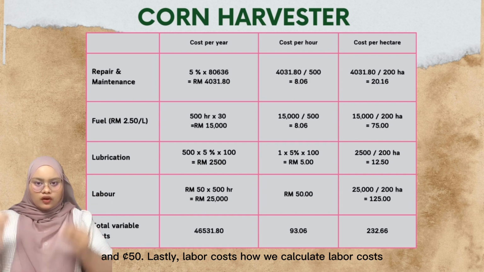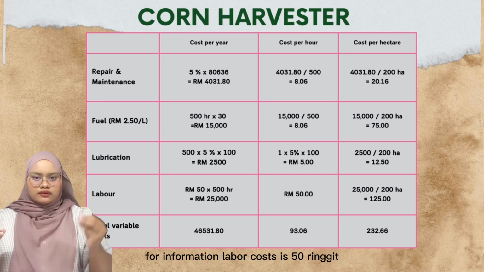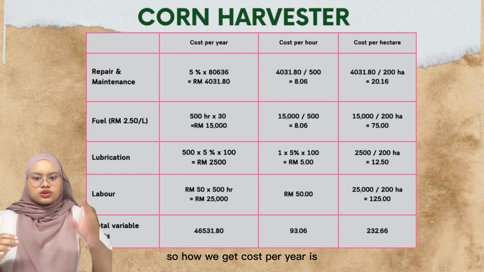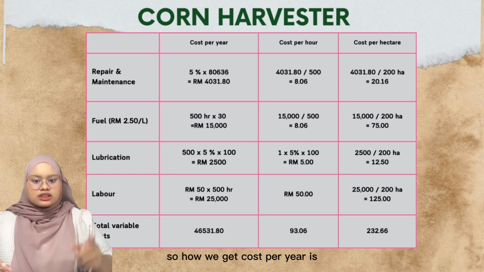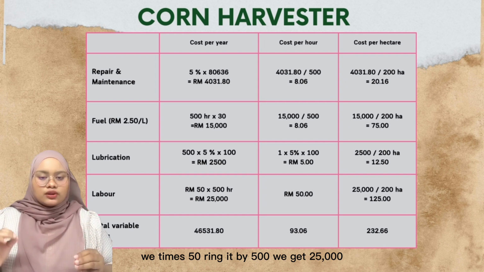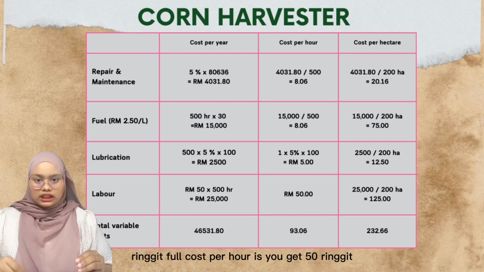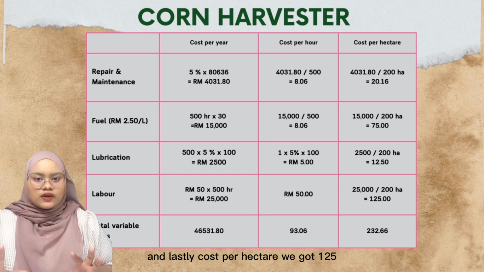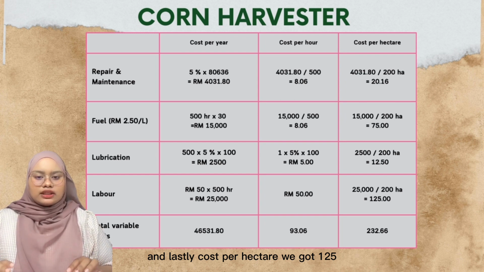Lastly, labor cost. How do we calculate labor cost? For information, labor cost is RM50 per hour. So how we get cost per year is we times RM50 by 500 hours, and we get RM25,000. For the cost per hour we get RM50. And lastly, cost per hectare we got RM125.